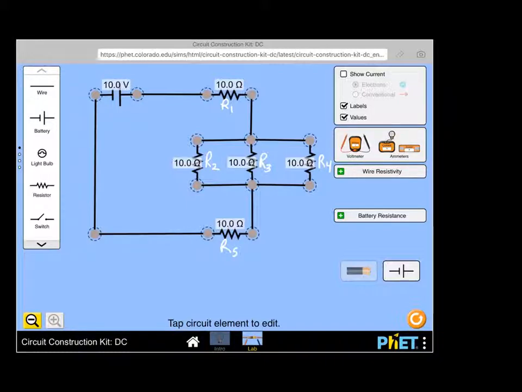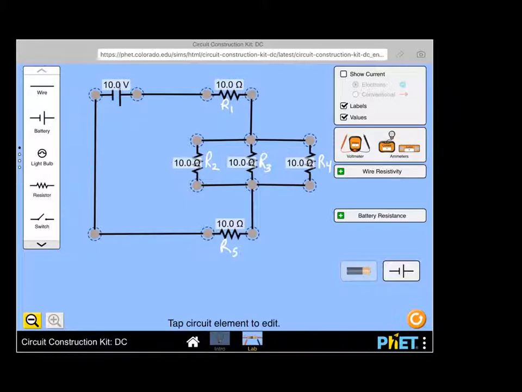Actually, let's be careful about this triple branch parallel-wise. So I'm going to bring up a clean page.